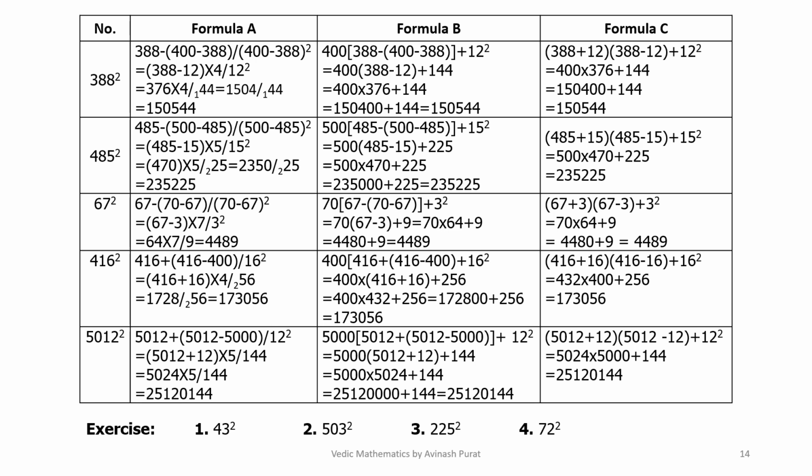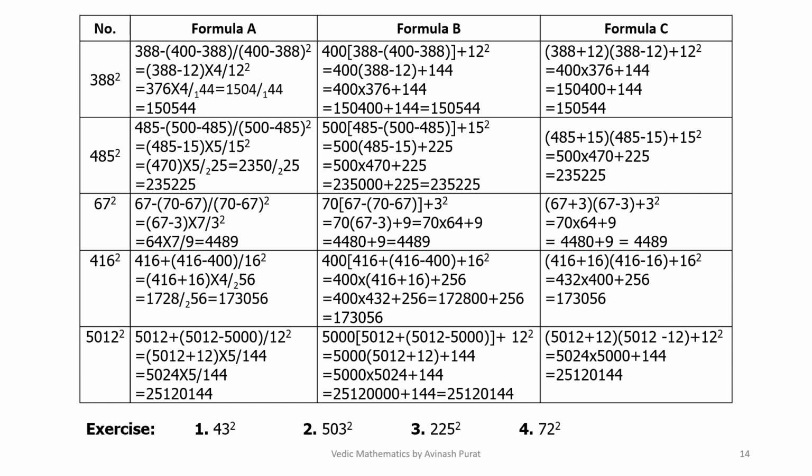So 376 multiplied by 4 stroke 144 equal to 1504 stroke 144, that is 150544.